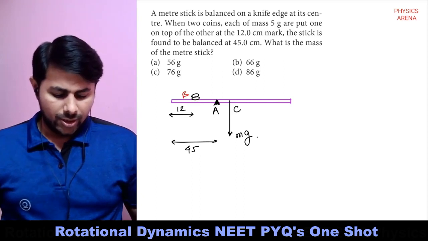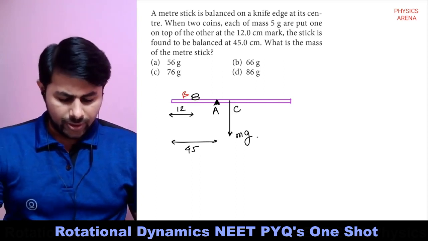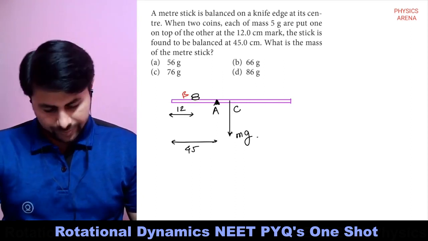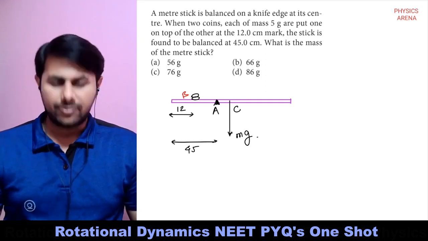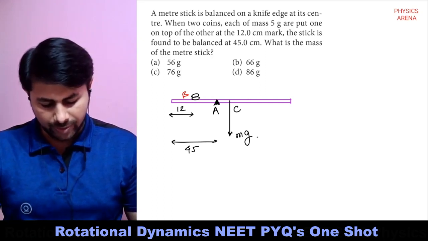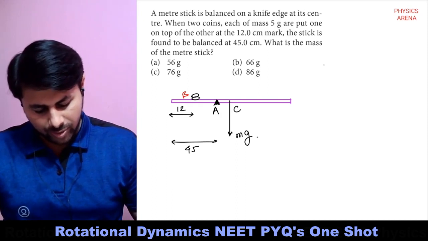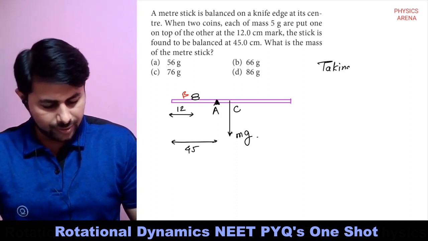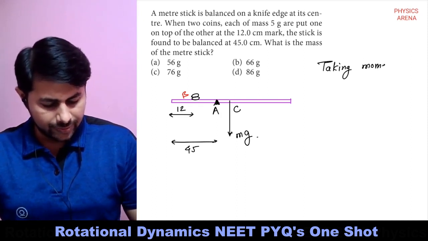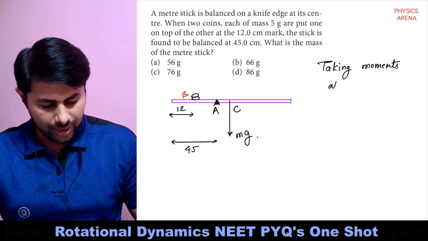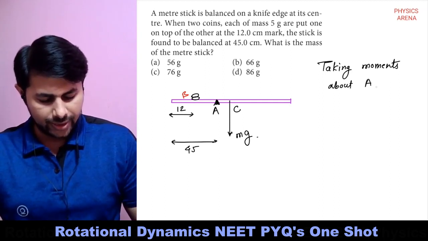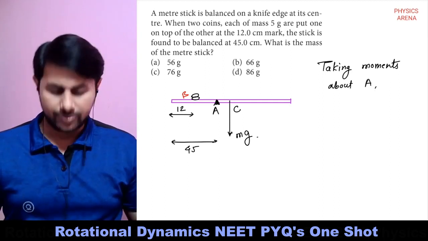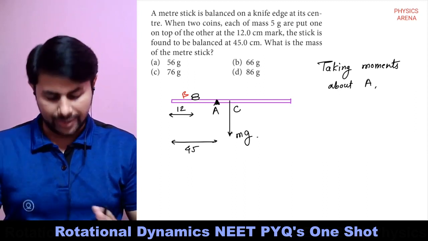Okay, so now let's take moments about A, because we are balancing them about A. So taking moments about point A, we get rid of this force needed to balance.